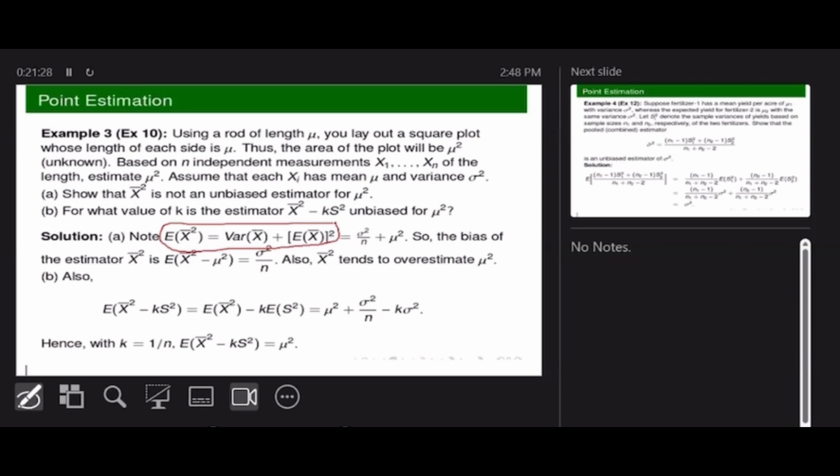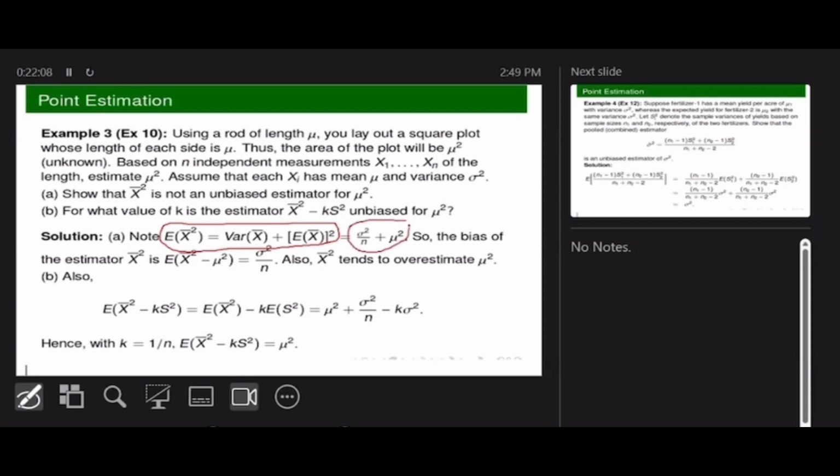That was how you got this circled. Now, what is the variance of x? Sigma squared. What is the variance of x bar? Sigma squared over n. And we all know the expected value of x bar is mu. Then, if this is mu, the expected value of x bar squared term is mu squared. That was how you got this here.